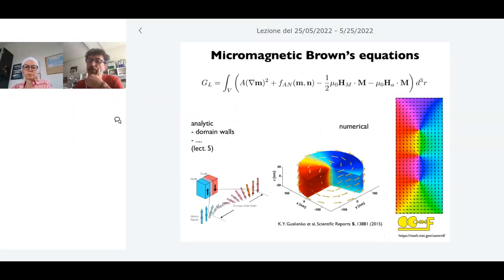This is just to mention that these micromagnetic Brown's equations are the basis to study a lot of different configurations. A lot can be done analytically, especially for those who have studied the domain configuration, the domain walls, and so on. Michaela will touch on this later. And now, obviously, people are taking these equations and solving them numerically.